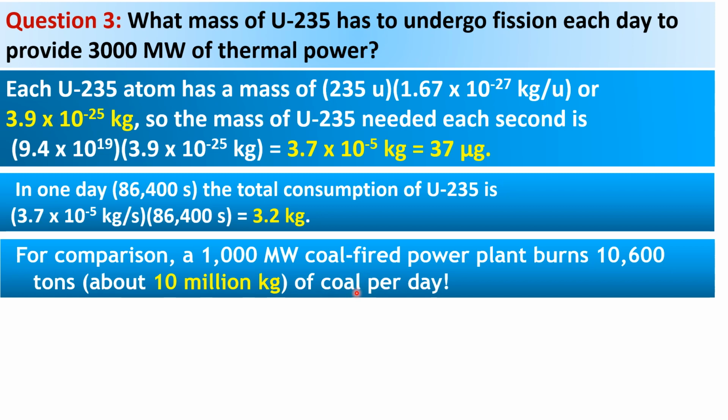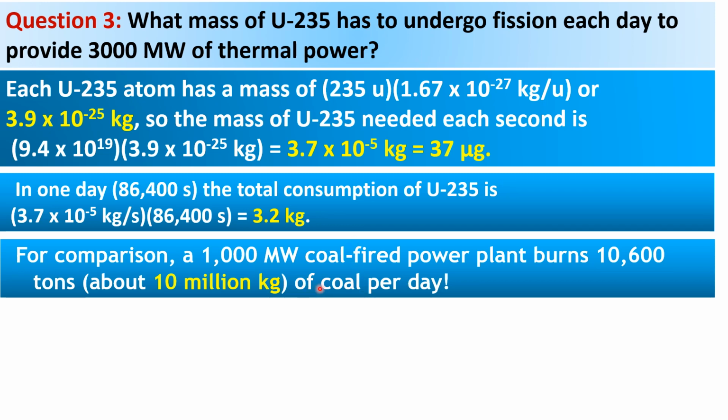So for comparison, a typical 1,000 megawatts coal-fired power plant can burn up to 10,600 tons or about 10 million kilograms of coal per day. Can you see the difference?